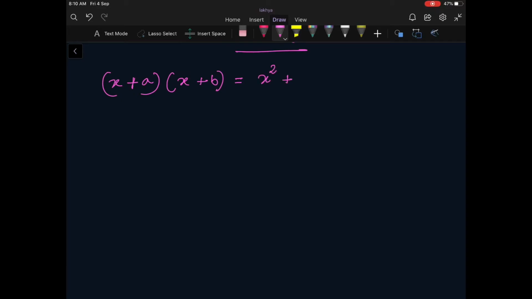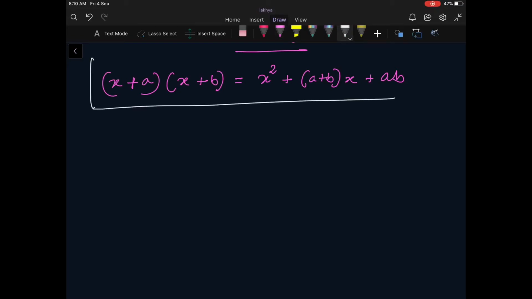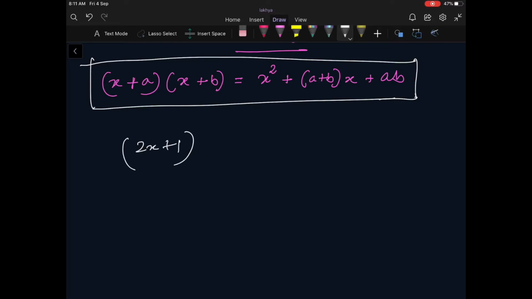It is x square plus a plus b into x plus ab. This is another algebraic identity, and it is very useful. Suppose we have to multiply two binomials of this form, say twice x plus 1 and twice x plus 3.